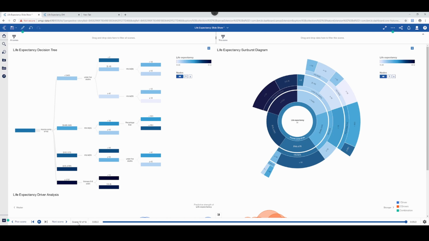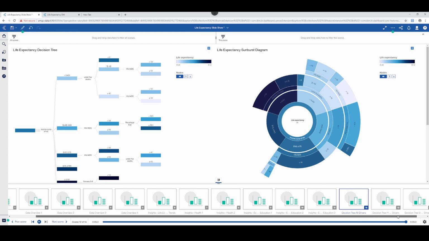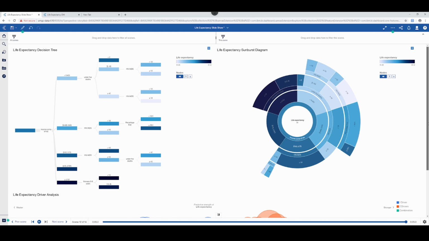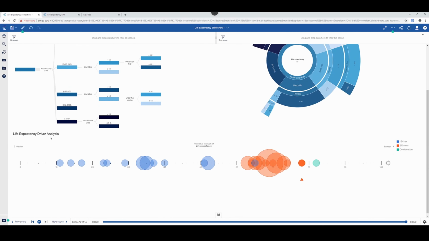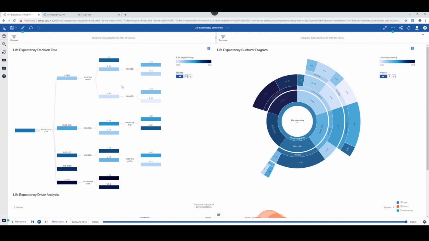So here's scene 12. These are decision tree diagrams, and this is looking at all drivers for the life expectancy data. Here's the decision tree. Here is a sunburst diagram, and down here is a driver analysis. So once we feed all the data to Cognizant Analytics, it picks out the strongest drivers to use for this decision tree, and you can see how it splits up the data.